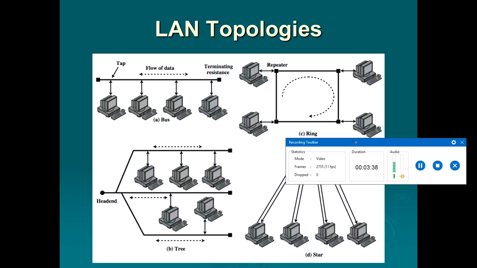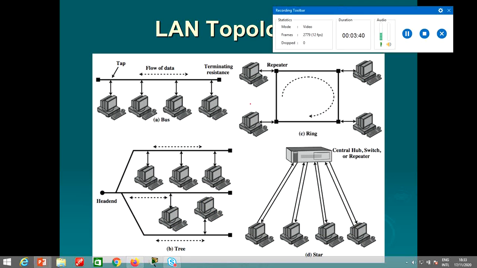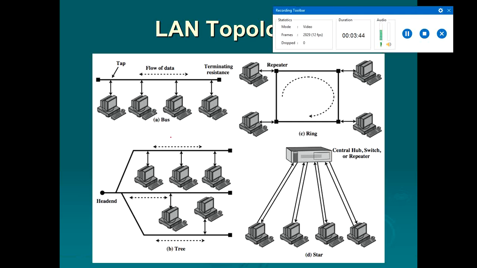The four basic types of topologies are bus topology, ring topology, tree topology, and star topology. In case of the bus topology, you have a single wire and all the stations are attached to that single wire.